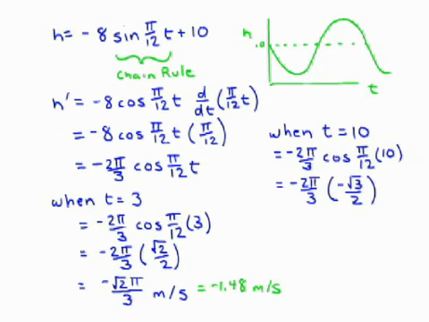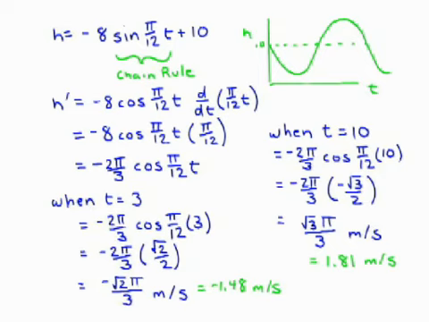So now we have -2 pi divided by 3 times -√3 divided by 2, and that gives us √3 times pi divided by 3 meters per second. If you wanted to express that as a decimal, it would be 1.81 meters per second.